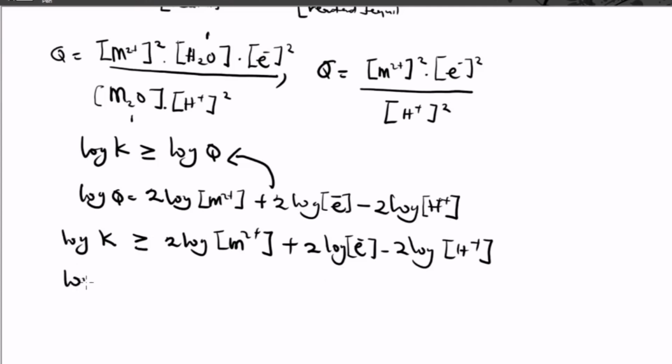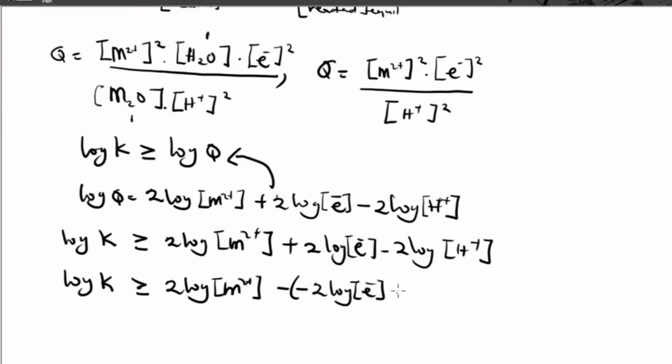So in that case, log K would then change to 2 log M2+ minus, bracket open, 2 log E minus, then we close, minus 2 log hydrogen ion. We want to get our pE, then negative will give you positive, right?